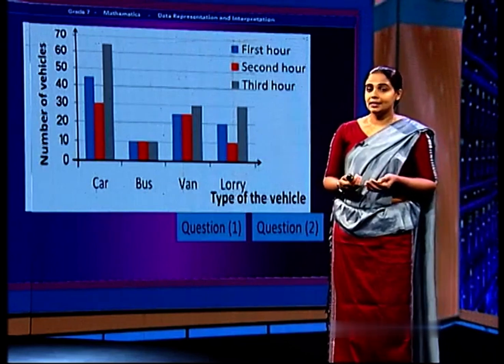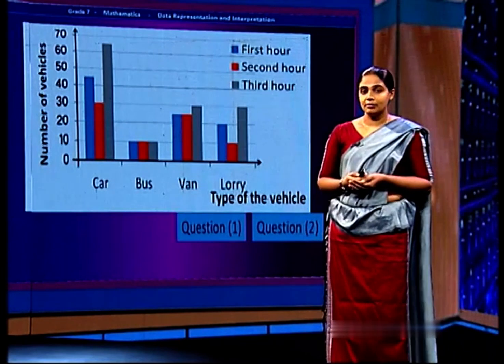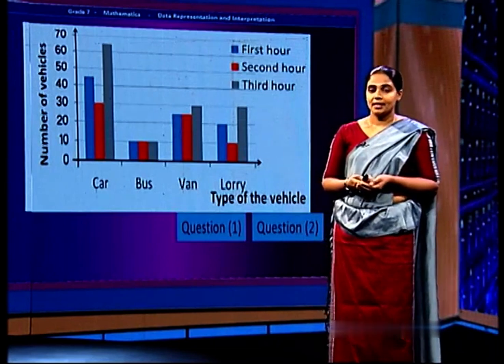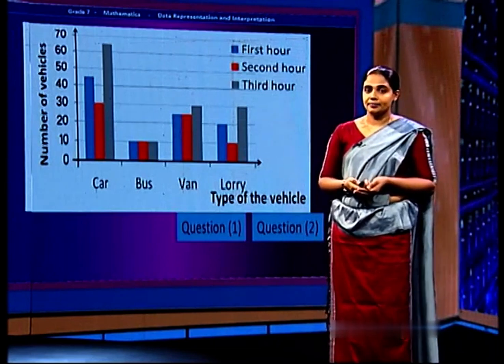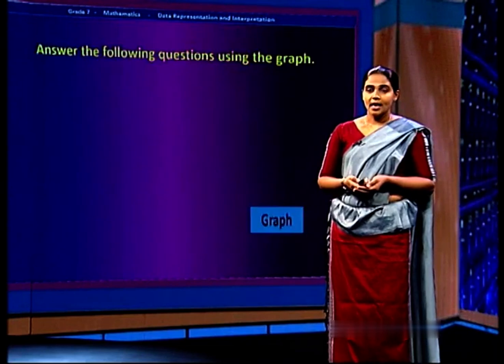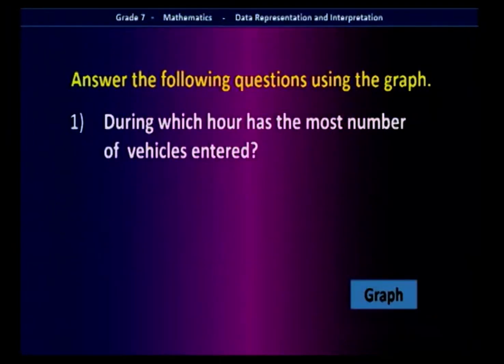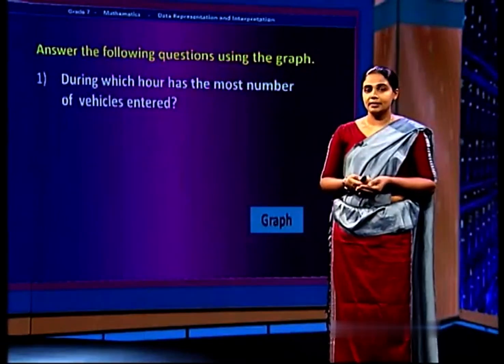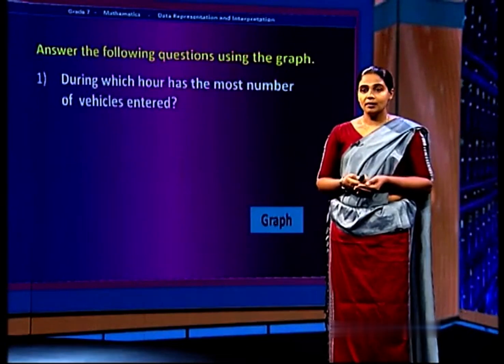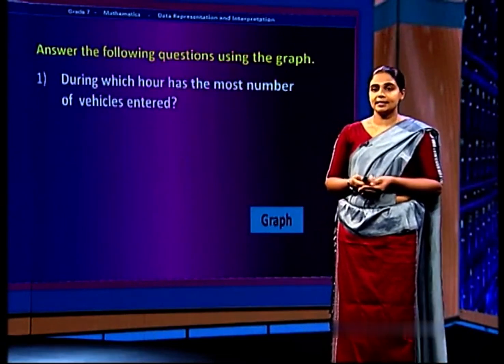My dear kids, now I am going to give some more questions. Then question number 1. Answer the following questions using the graph. During which hour has the most number of vehicles entered? Read it again. During which hour has the most number of vehicles entered?